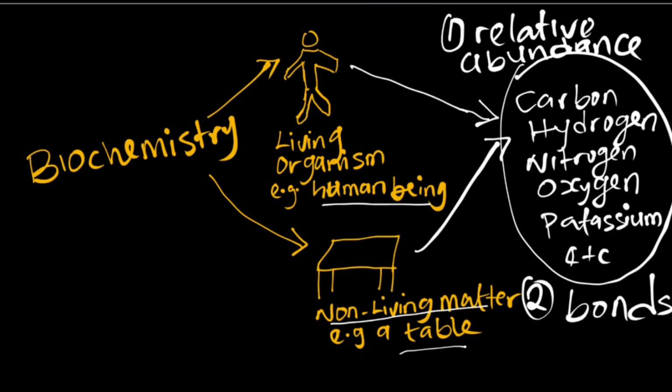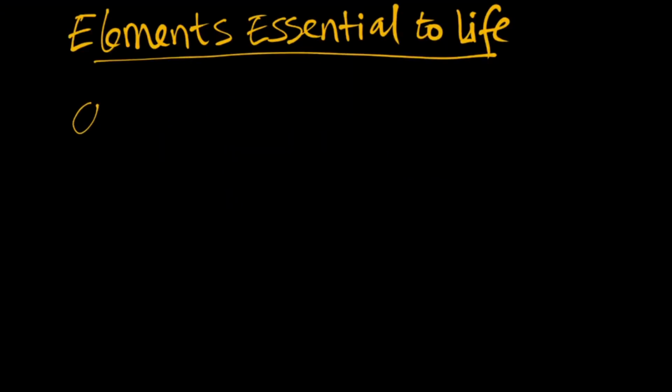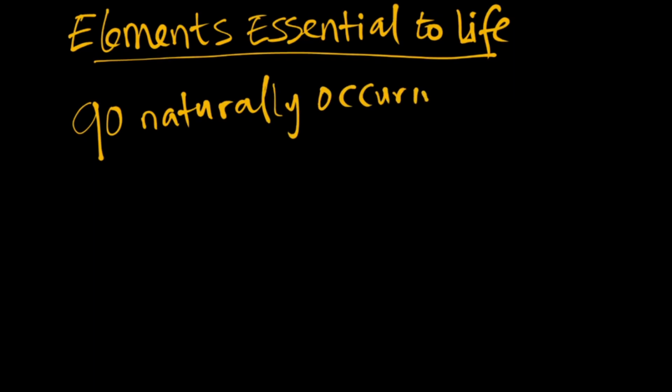Let's look at the elements essential to life. There are about 90 natural, or naturally occurring, elements.